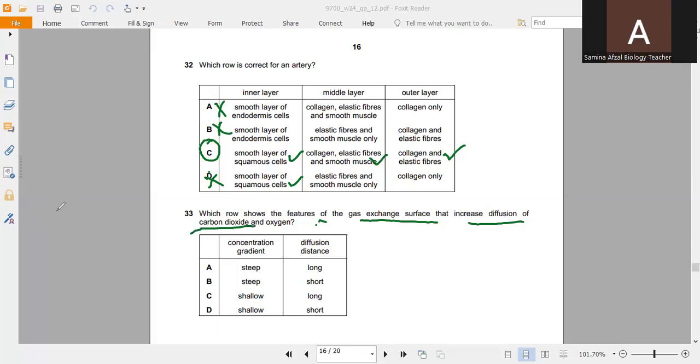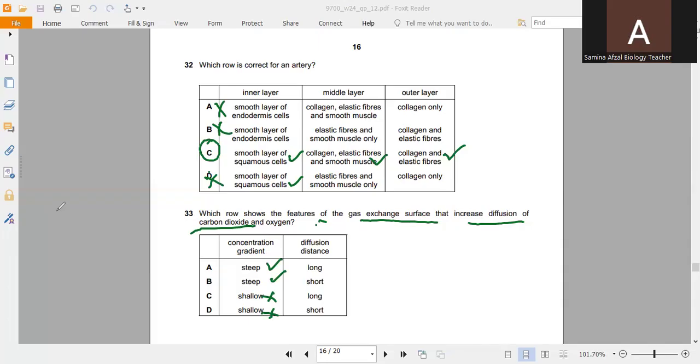So the concentration gradient, if the concentration gradient is steep, then the diffusion distance will become short, or will it become long? The concentration gradient is steep or shallow.